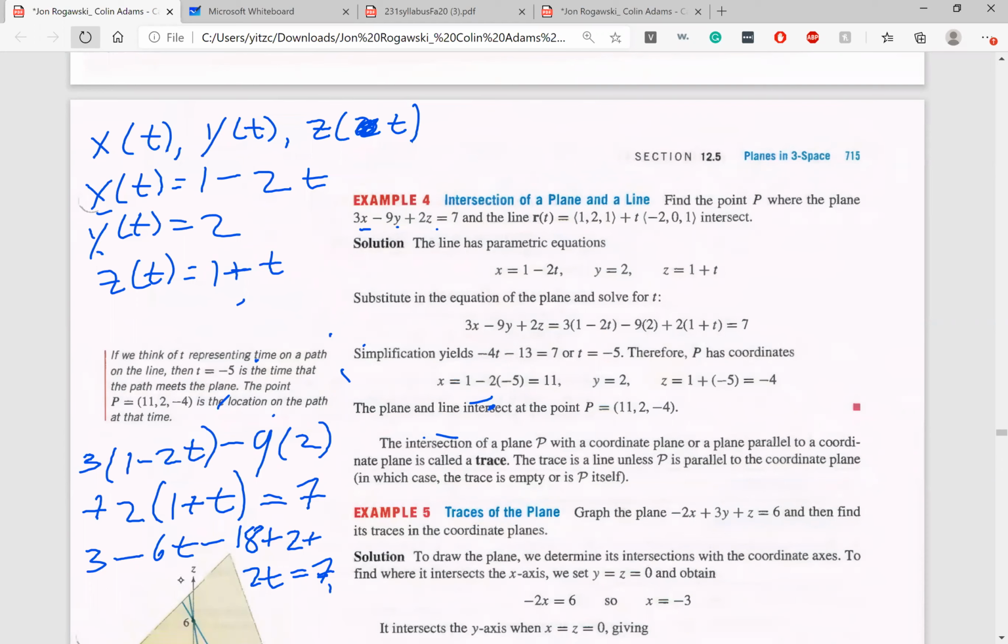And then this is going to be negative 6t plus 2t, so that's going to be negative 4t. So we get negative 4t minus 13 is equal to 7.